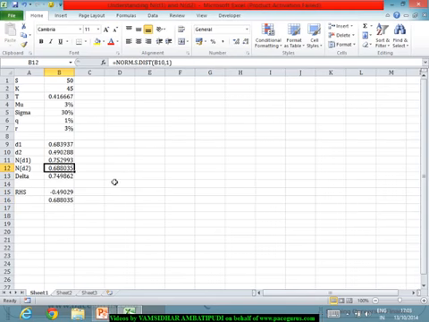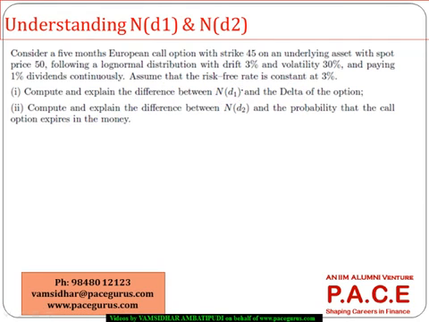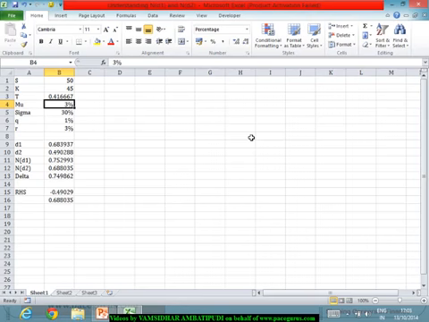The reason why these two came out equal for me is that the R and the mu are the same. When the R and the mu are the same, we'll find that N(d2) is the same as the probability that the stock will expire in the money. But otherwise, let me just change this mu to 4%.